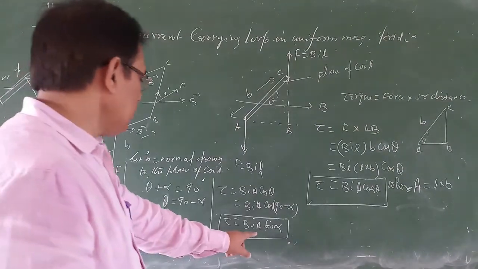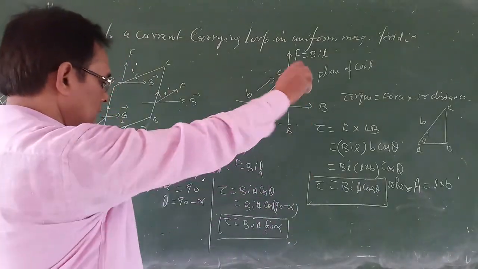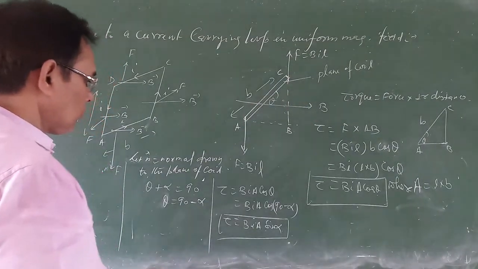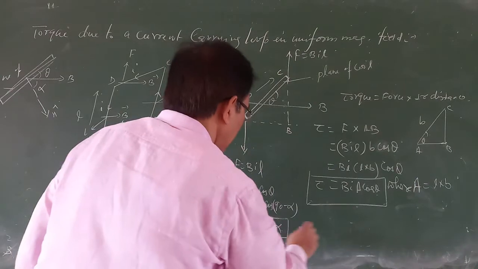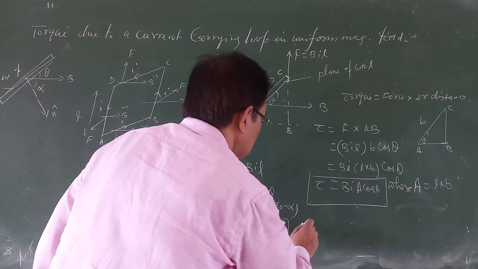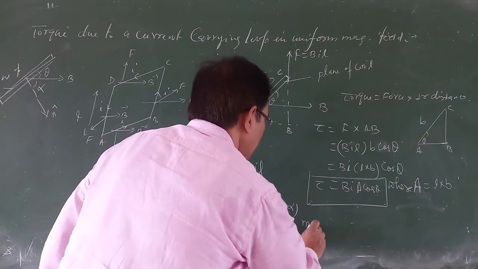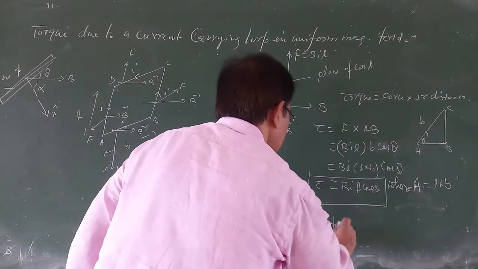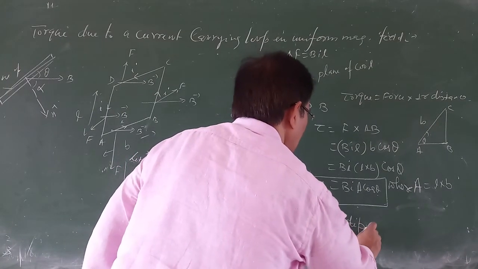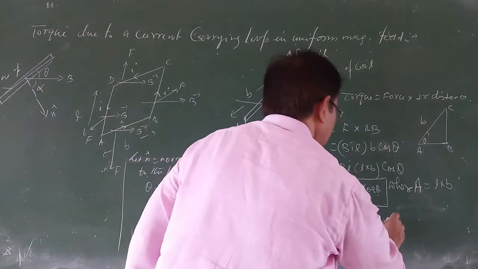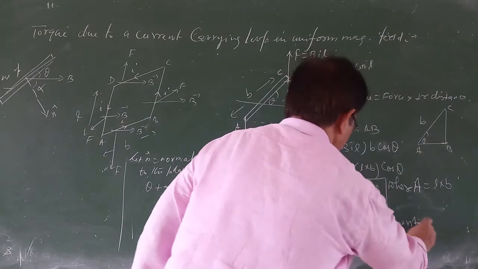Now write it in vector form. How to write in vector form? I into A, current into area, is called the magnetic dipole moment.